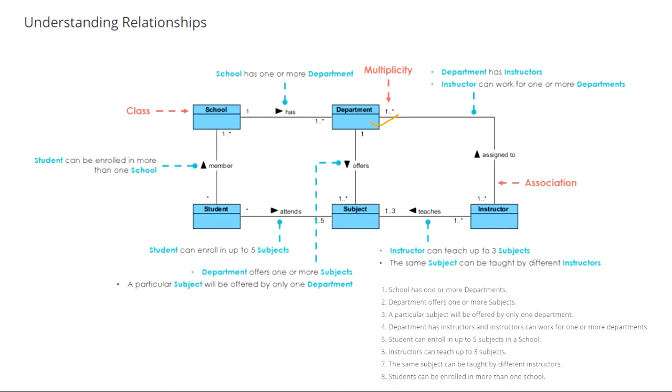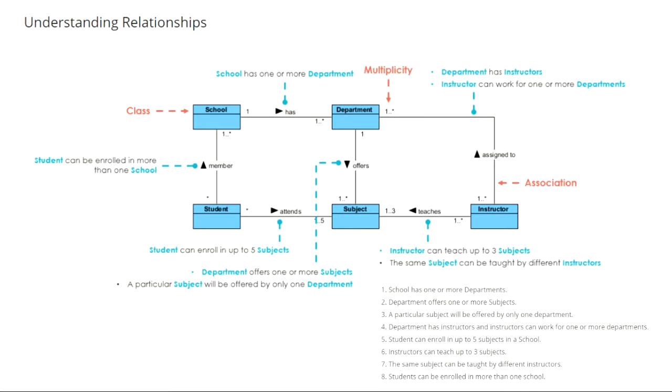Then it's compulsory that you mention one here, because a subject can be offered by only one department, and it's compulsory you mention 1..* here, because a department can offer one or more than one subject. But it's not compulsory that you draw this arrow here.